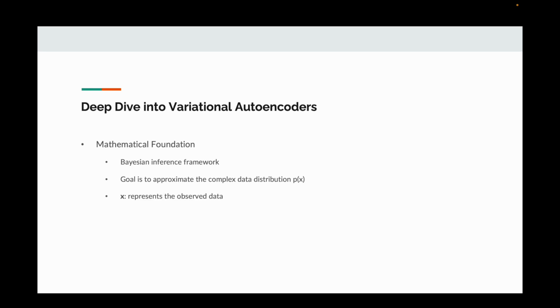In this model, X represents the observed data, for example an image, and Z represents the latent variables, hidden factors that generate the data. VAEs assume that the data X is generated by some latent variable Z via a probabilistic process, meaning they aim to learn the conditional distribution P(x|z) and the prior distribution of latent variables P(z).